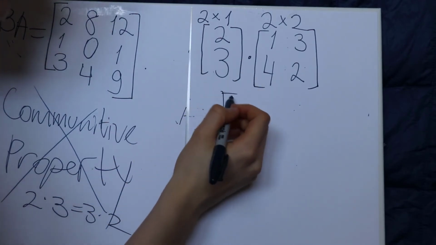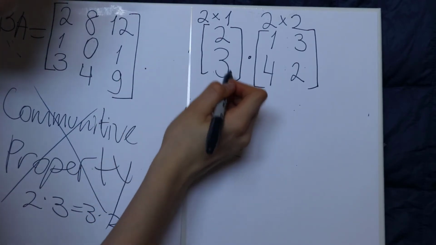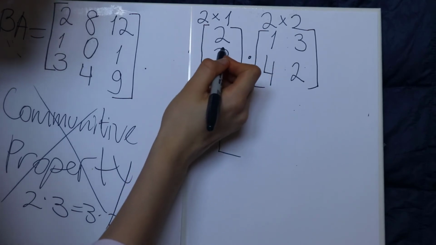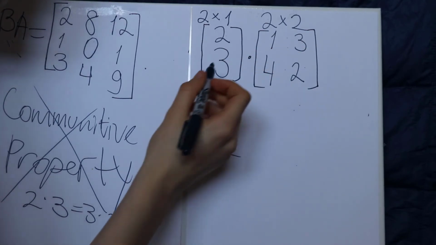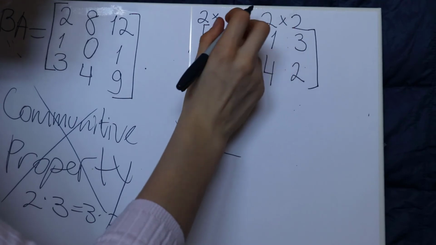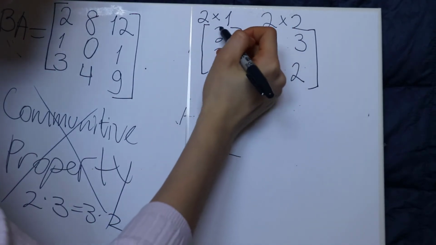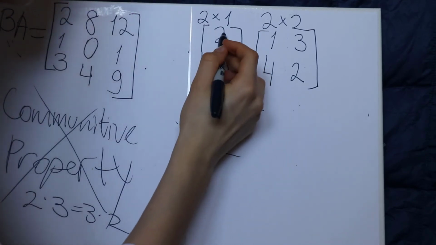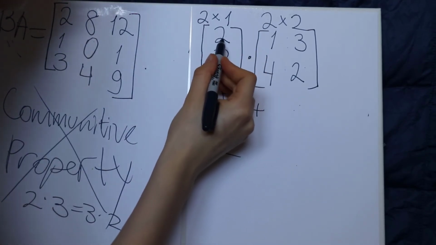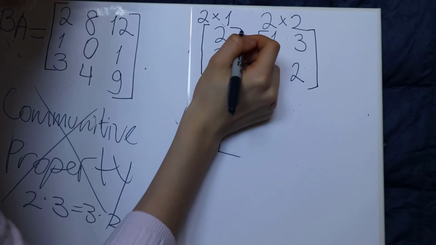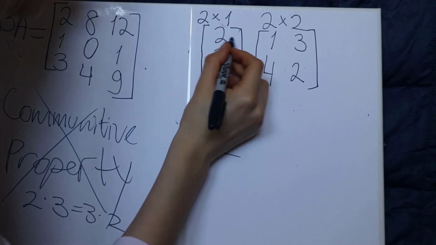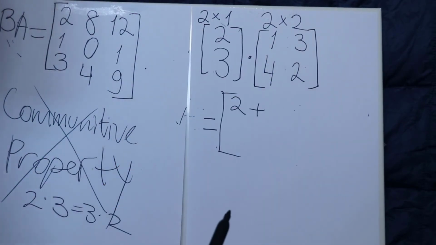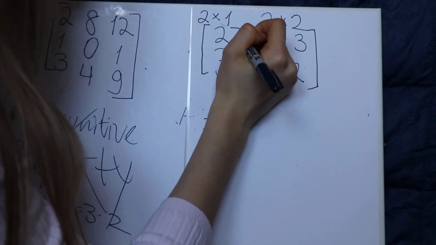And we take row 1 from the first matrix and column 1 from the second matrix and just multiply them out, right? Okay, so 2 times 1 is 2 plus 2, wait. No, you can't use the same number. You have to use the number that's in this column. But there is no number in that column. What do we do? Oh no.